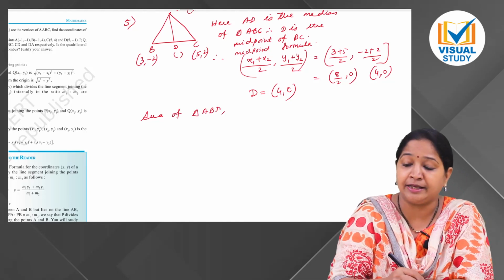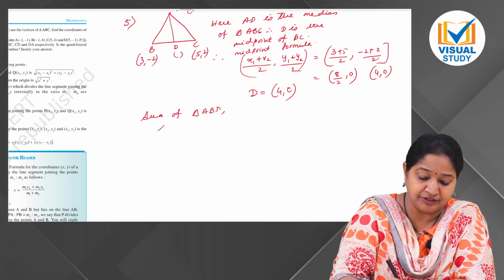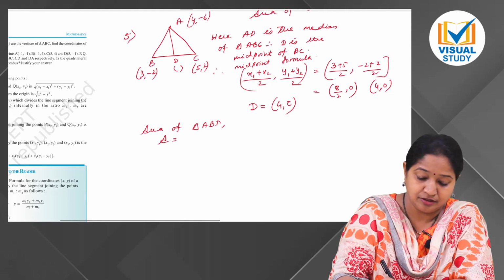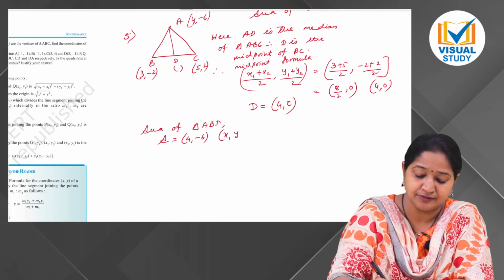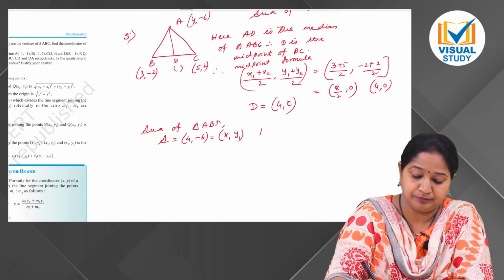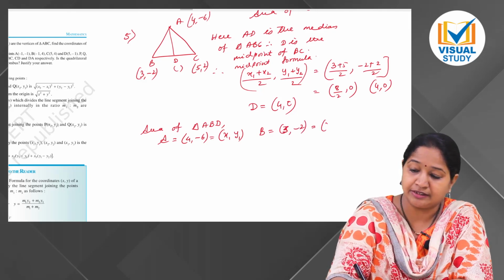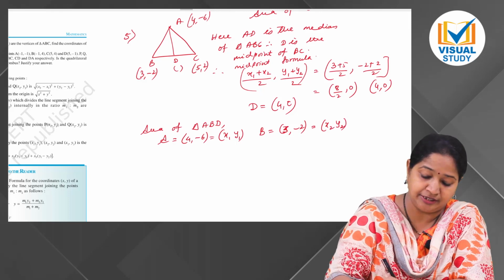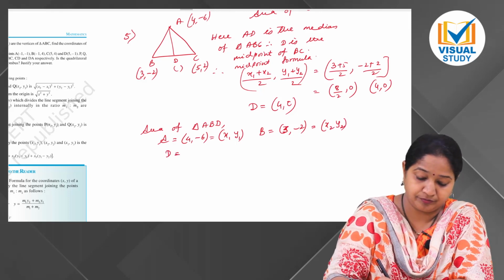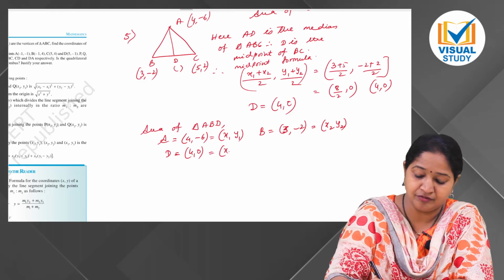Area of triangle ABD, where A is (4, -6), that is x1 y1, B is (3, -2), that is x2 y2, and D is (4, 0), that is x3 y3.